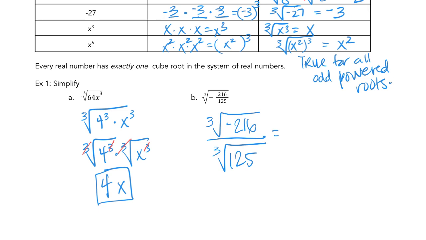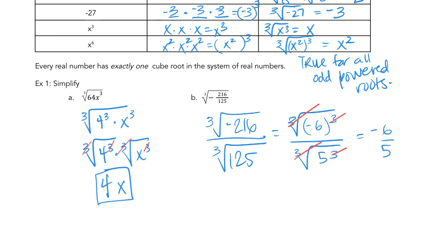If I look back at my list, yes, it is. So the cube root of negative 216 is negative 6 cubed. And the cube root of 125, or the cube is, oops, let me delete there. This is 5 cubed. And so the cube root and the cube are going to reduce, and we're going to end up with negative 6/5.